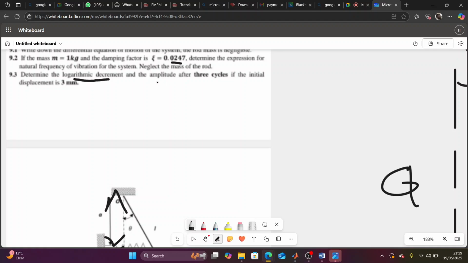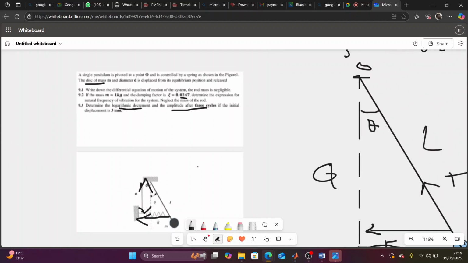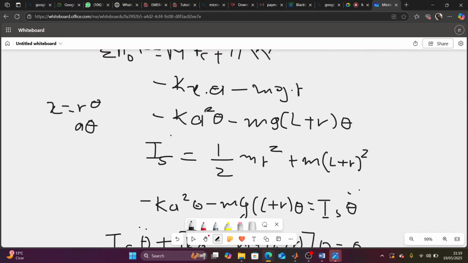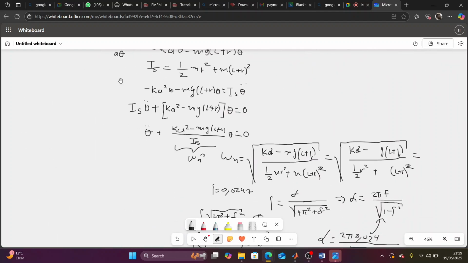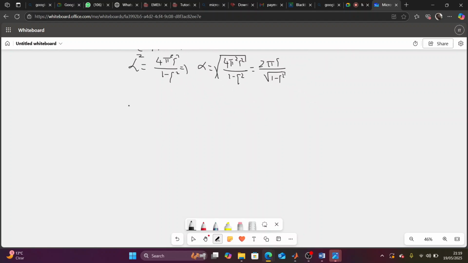Now, the amplitude after 3 cycles of its initial displacement. Again, there is another formula that says the logarithm decrement is equal to 1 over n, the ln of xn over xn plus 1. Now, what is xn? xn is the initial position.